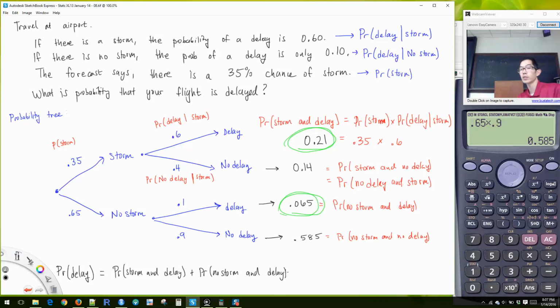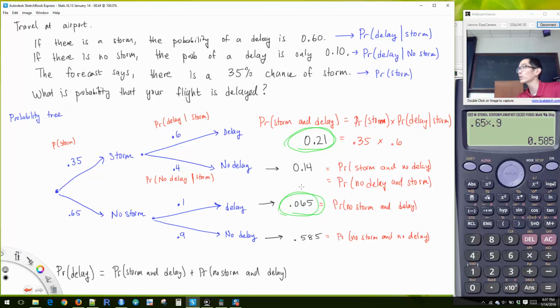Now, do I have to worry about any overlap? Because whenever we do these A or B situations, we also have to subtract off any overlap. Is there any overlap between these two things? No, you cannot have experienced a storm and a delay and at the same time a non-storm and a delay.